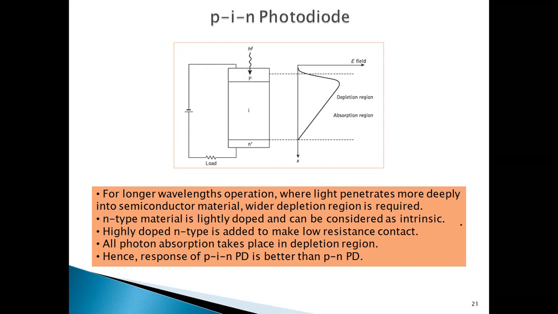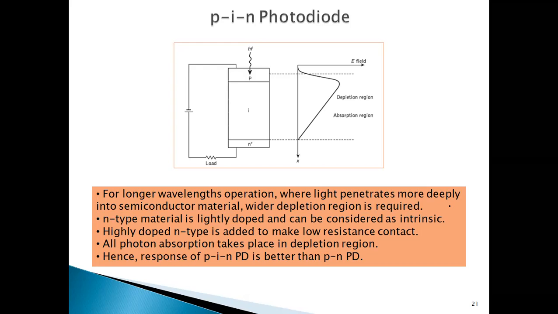All right. Okay. So I think you now understand the comparison between the PN photodiode and the PIN photodiode. The PN photodiode has a depletion region and a diffusion region, so when we have this diffusion region, the response is slower. But in the case of the PIN photodiode, there is no diffusion region, only a depletion region.